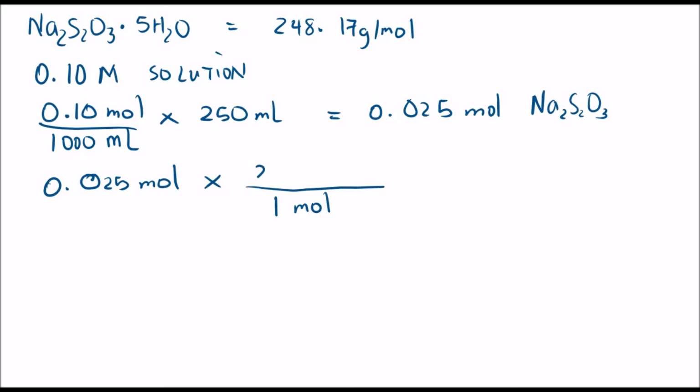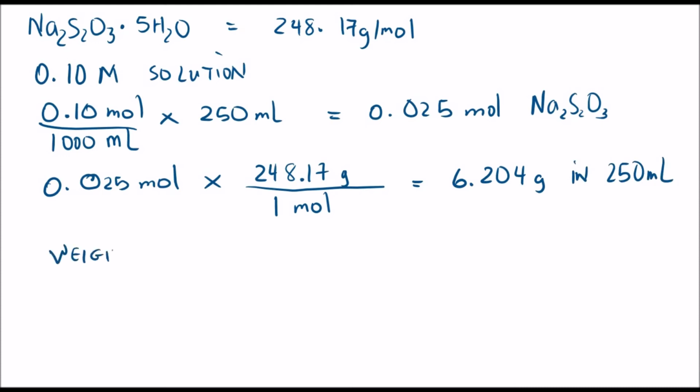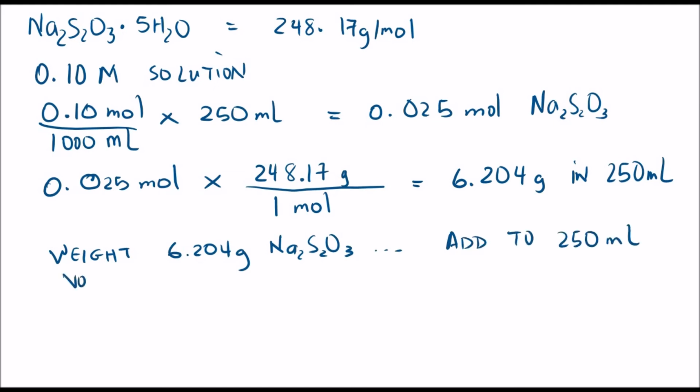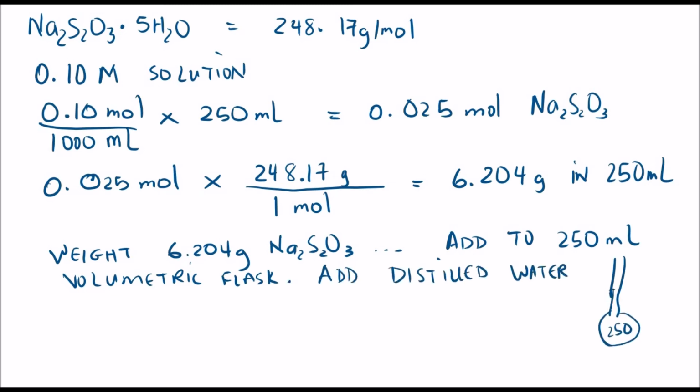When you multiply this now by the formula weight, you get how many grams you need to weigh out to place in 250 ml. So you weigh 6.204 grams of sodium thiosulfate, add it to a 250 milliliter volumetric flask, and then you add enough distilled water until you reach the mark, and then you have your solution.